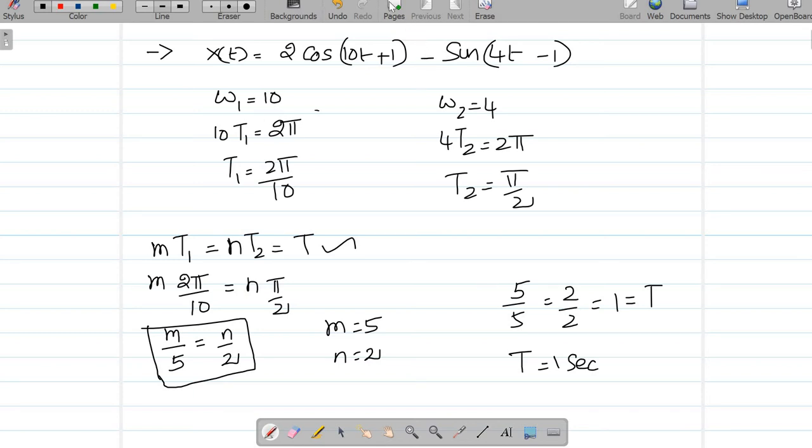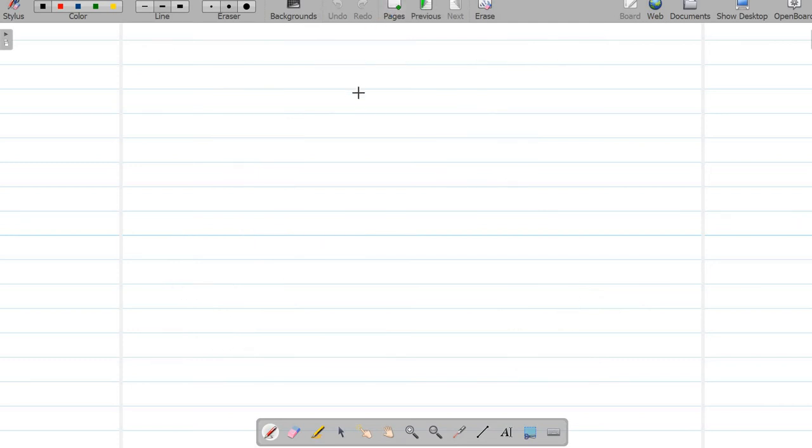Okay, so let's try to solve one more. Let x of t be equal to cos 4t plus sine 2 pi t.